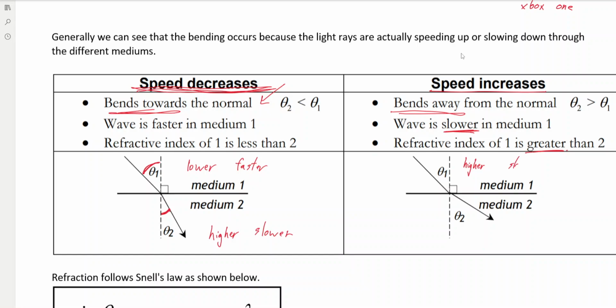It's slower. This is a lower index, and it's faster. Okay, so this would be like going from air to, I'll just do water. Air to water. Okay, and this would be from water to air.